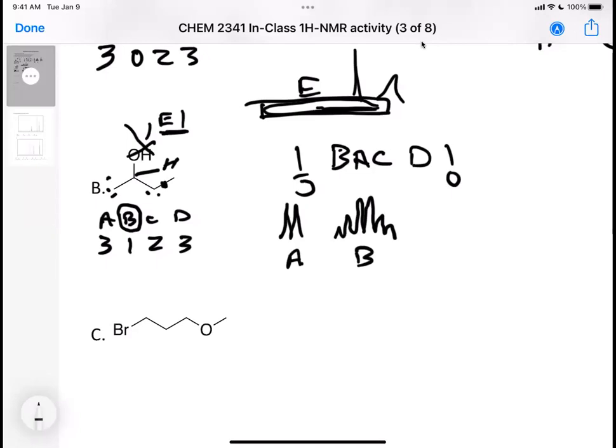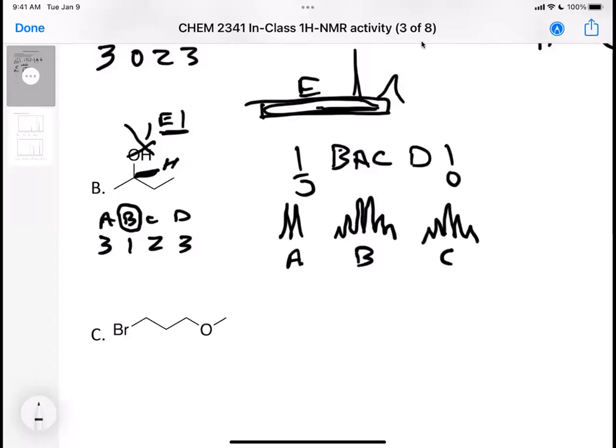Okay, so let's look at C. On C, we have 1 hydrogen, 2 hydrogens, 3 hydrogens, 4 hydrogens. So N is 4. So that makes our split 5. So we're going to start in the middle and go 2, 3, 4, 5.